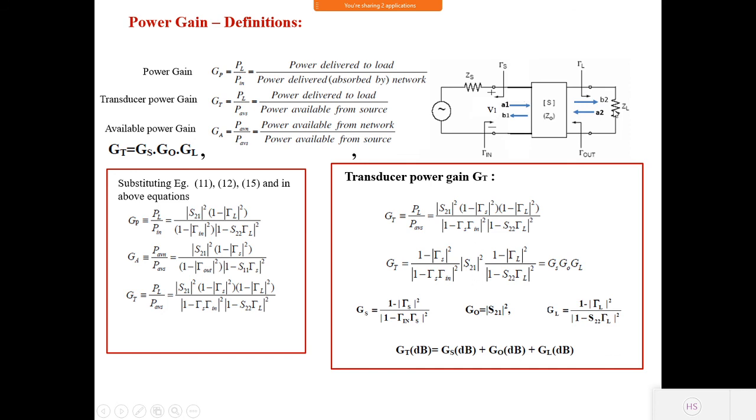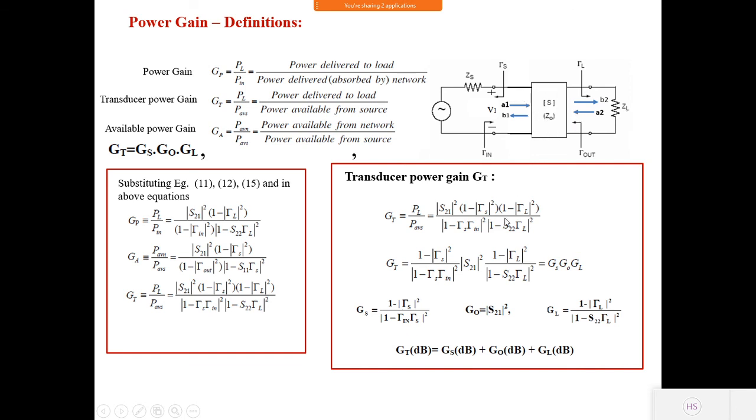Actually, this is related to our two-port network. You see here, the overall gain, the actual power delivered PL, depends on ZS, ZL, and the two-port network parameters.